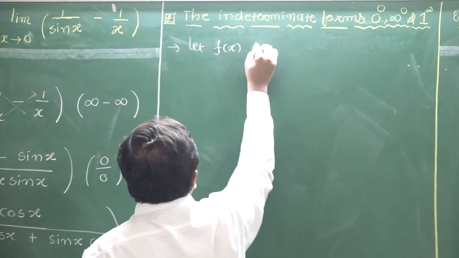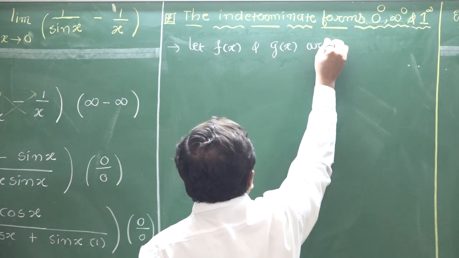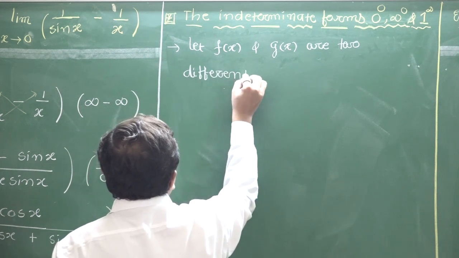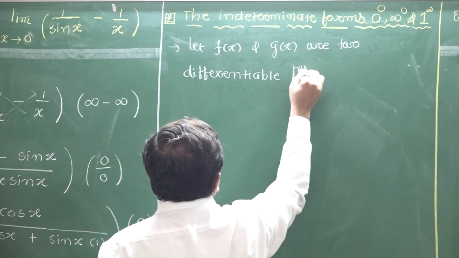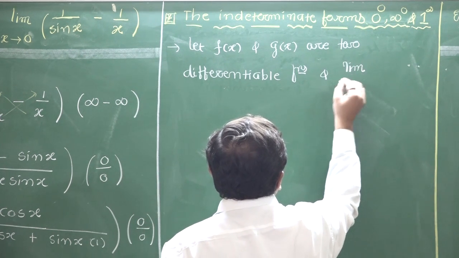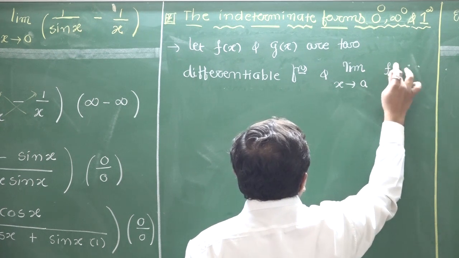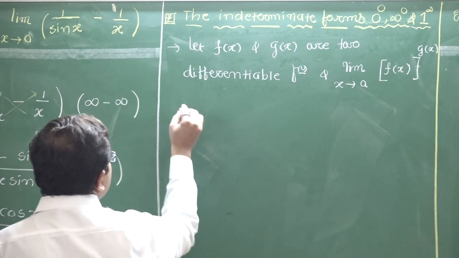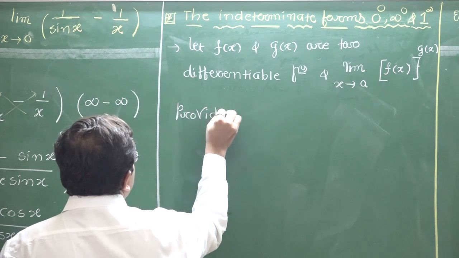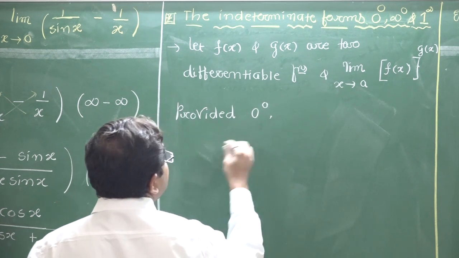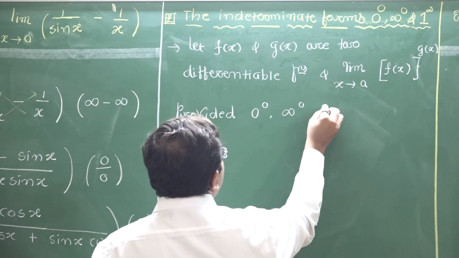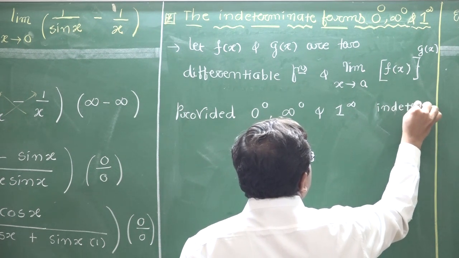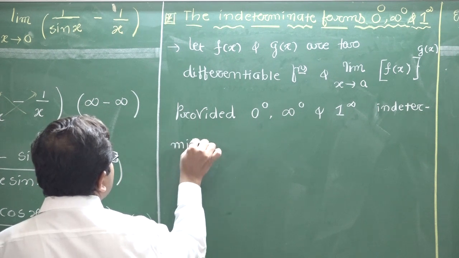f of x and g of x be two differentiable functions, and the limit as x tends to a of f of x power g of x is an indeterminate form of type 0 raised to 0, infinite raised to 0 or 1 raised to infinite.